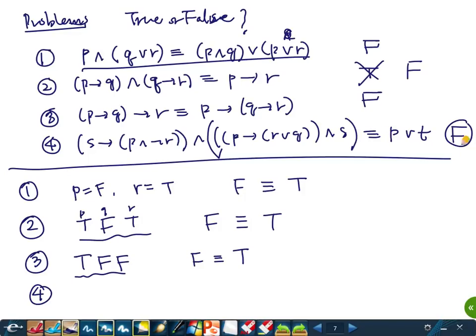The answer is correct. But how did you prove this? One way, of course, is to list all possible truth values of this. There are 5 propositions. So you have to look at 2 to the 5th, which is 32. You have to write 32 possibilities of T's and F's.